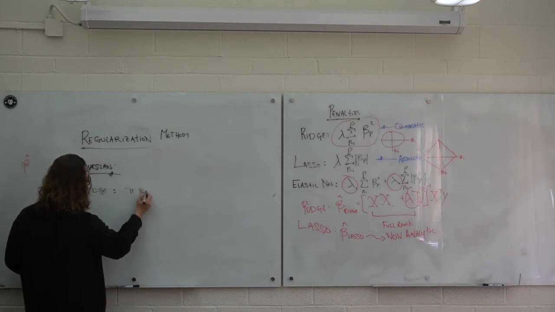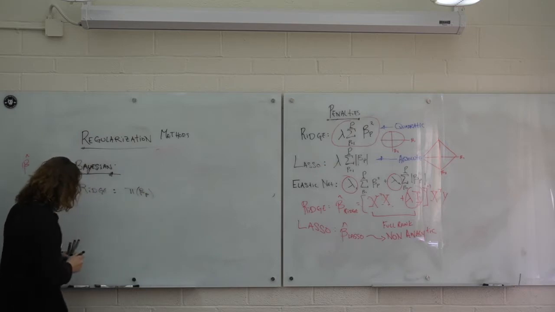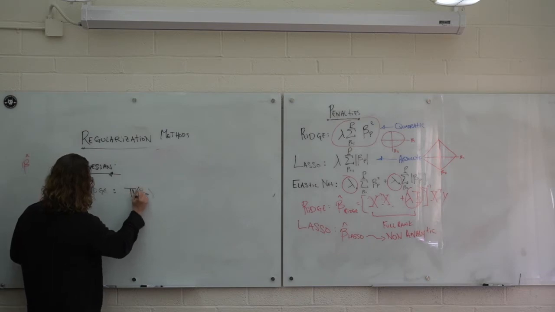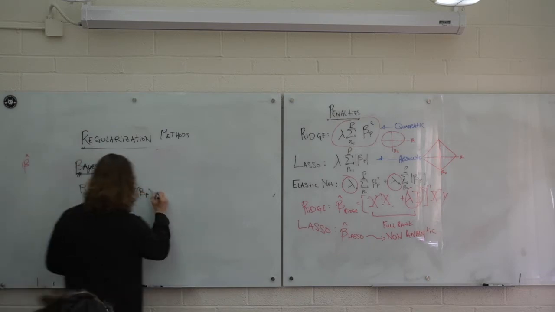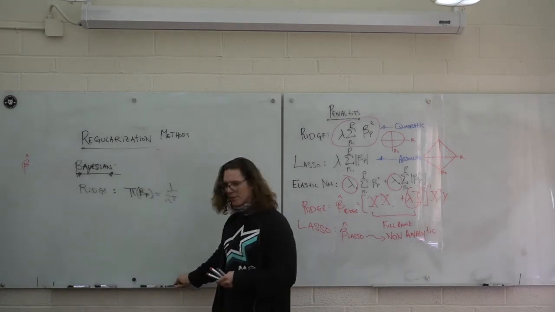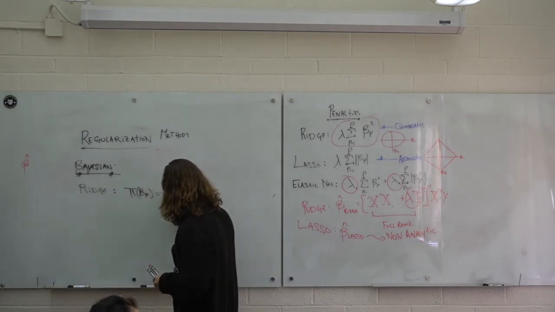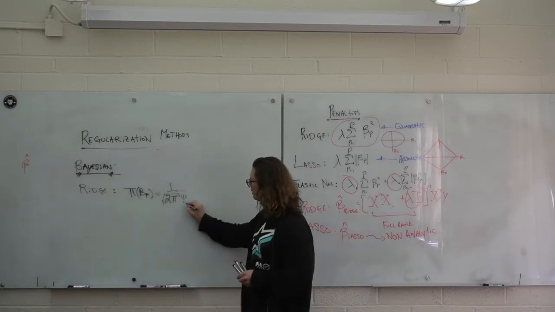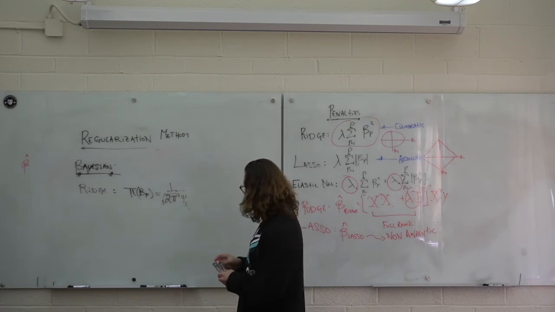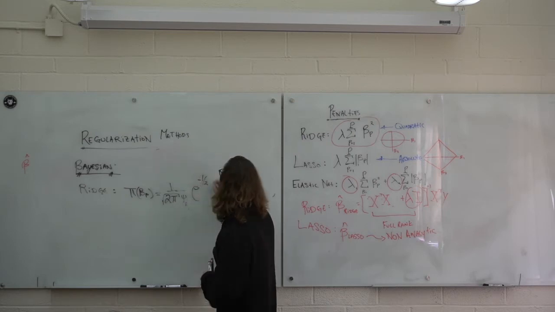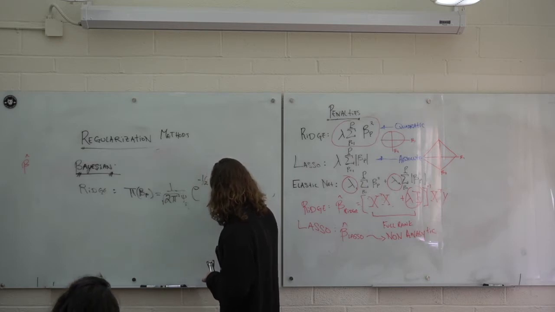For each one of the beta p's, they place a prior, and this prior is going to be 1 over root 2 pi, some parameter psi in there, so we have to think about that parameter a little bit, e to the minus 1/2 beta p squared over psi squared.